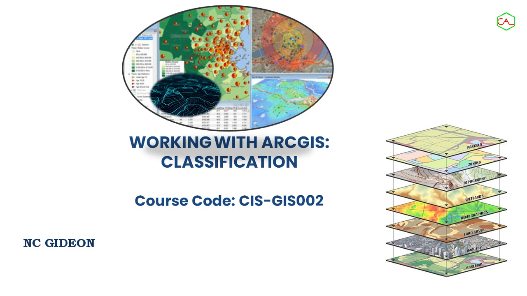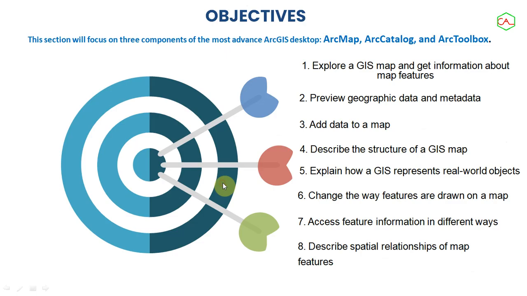You can add as many layers as you want, and layers may contain some features or some images. So in this section, you will need to pay attention to understand the components of the most advanced ArcGIS Desktop, which are ArcMap, ArcCatalog, and ArcToolbox.